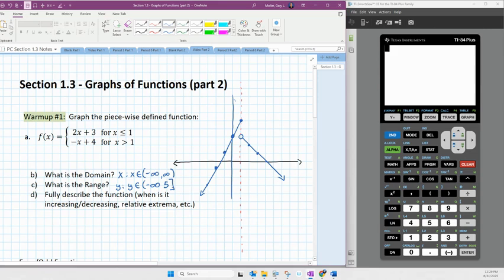All right, when's it increasing? From -infinity all the way to 1, not including 1 because 1's an individual point, not including -infinity. Let me use better language. All the x's from -infinity to 1.